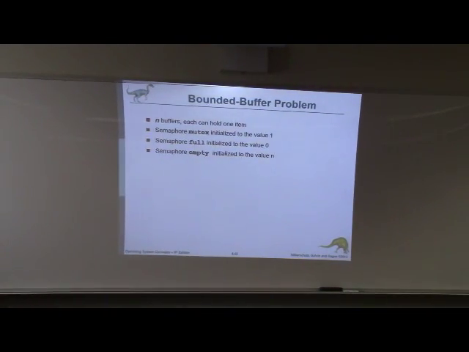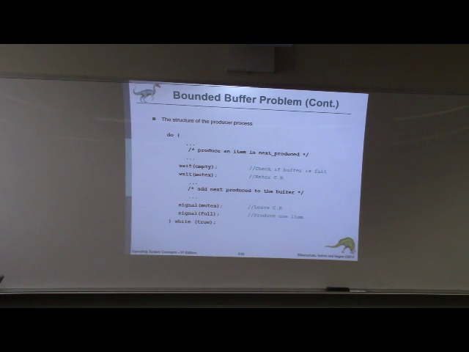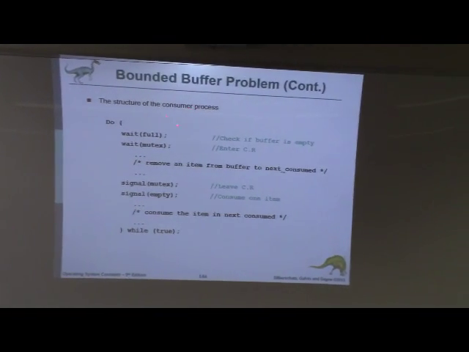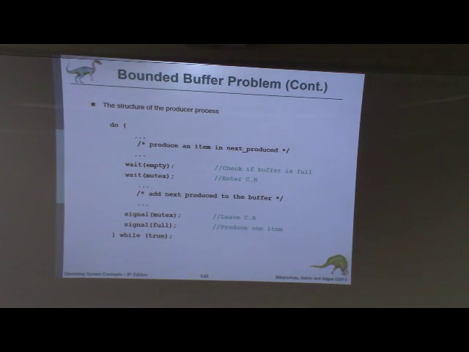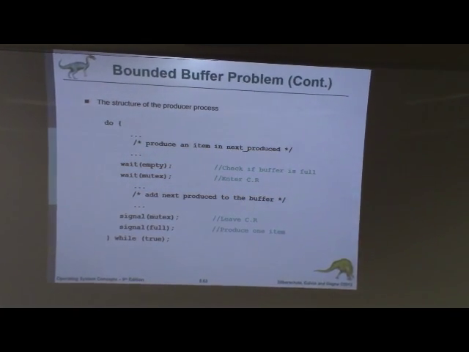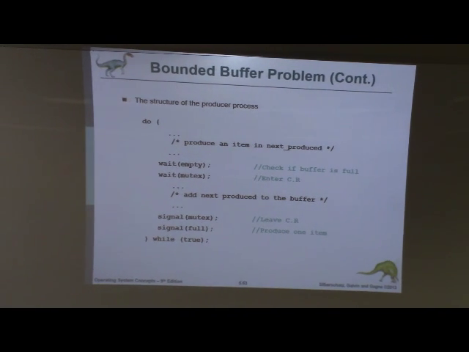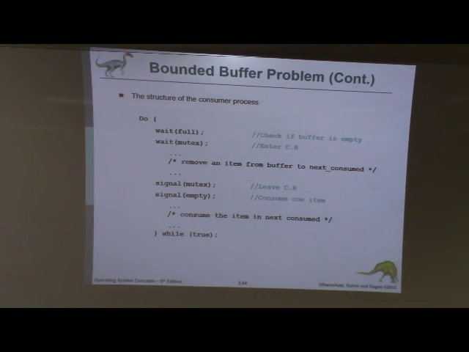First, the bounded buffer problem. As we have discussed before, it has a producer and consumer process, and we have the buffer to share the data. The producer is trying to generate data and put the data into the buffer. The consumer reads the data.